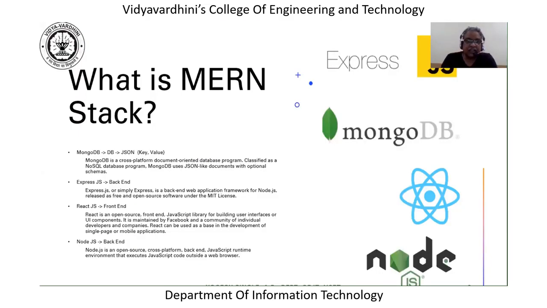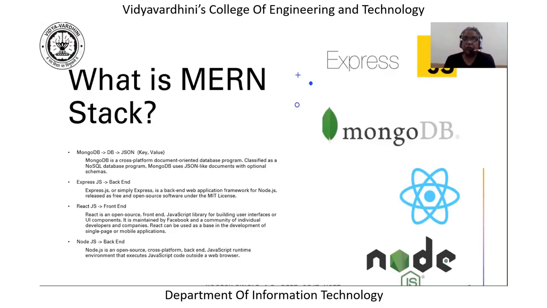If I am targeting the MERN stack, then MERN stands for, as I told you, MongoDB. And once you are talking about MongoDB, it's nothing but a NoSQL database. NoSQL means everything is based on your JSON files. There are two kinds of things: something called a record, that is, something called a document. How are you keeping the document?